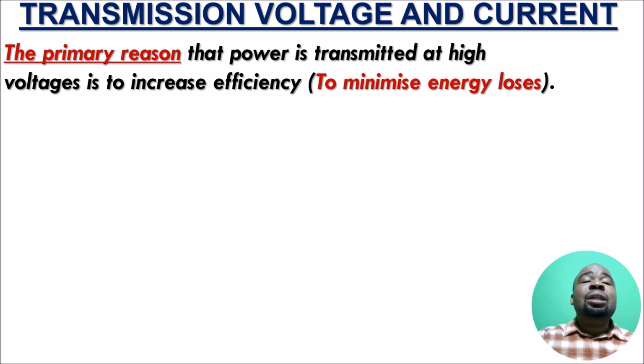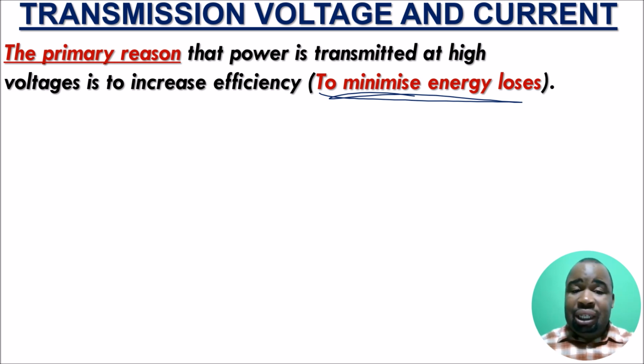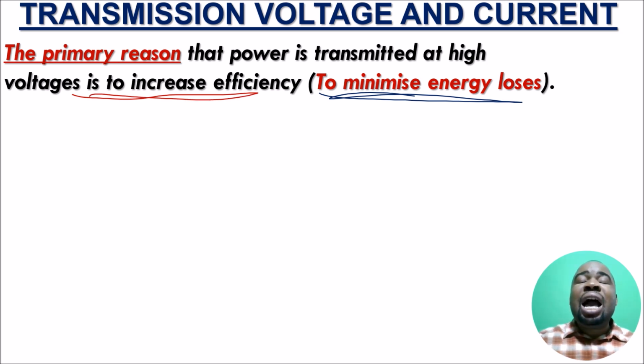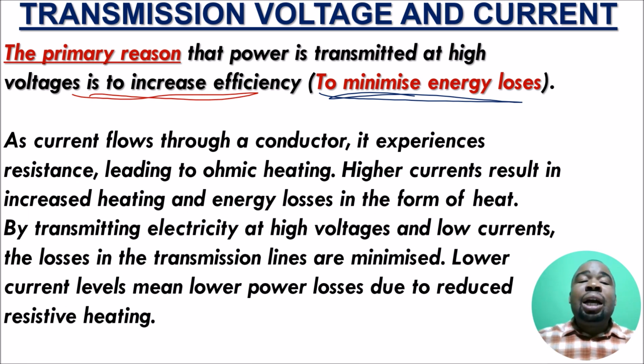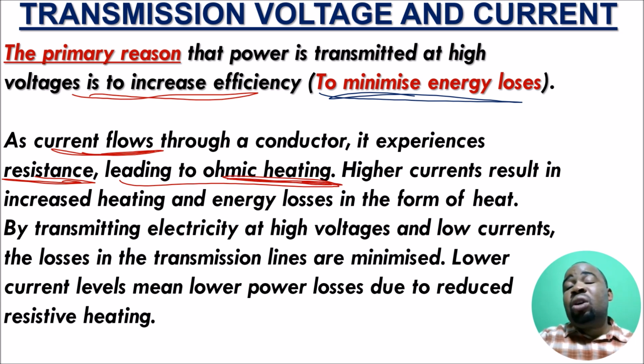Number one, it is to minimize energy losses. It increases efficiency. Having high voltage and low current increases the efficiency. How does this happen? Current flows along the wires, and we know that as current is flowing, there is resistance leading to generation of heat, what we call ohmic heating.